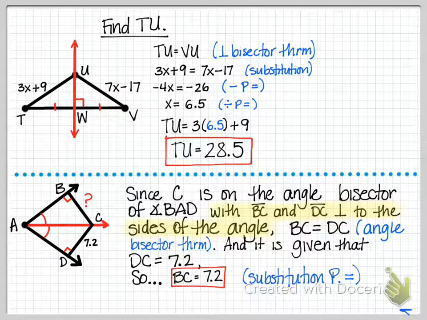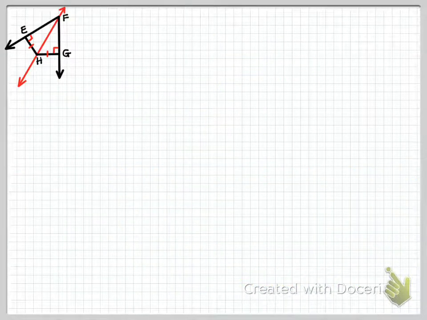In this diagram, we have an angle EFG, and it has a line going through it, this line FH. It's not shown that it is an angle bisector. It is just shown that it has a point on it, this point H, that is equidistant to the sides of the angle.